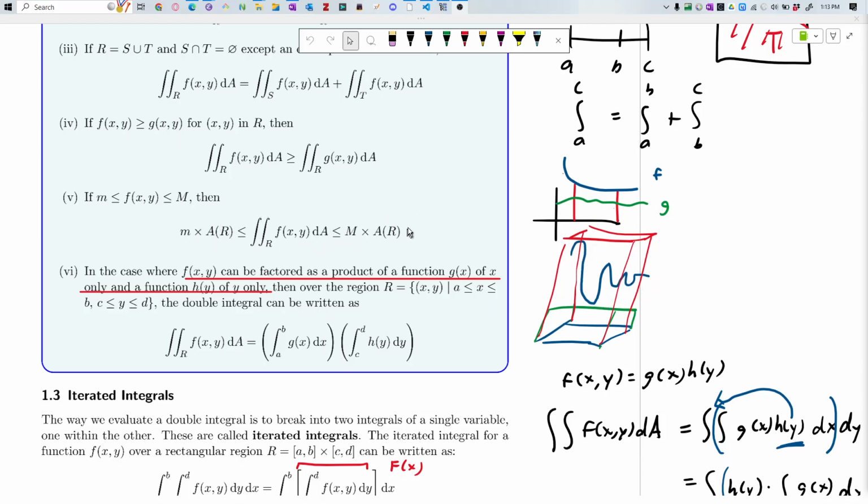That is what is represented in this set of inequalities, right? So this is the volume below the surface, and this would be the volume of the rectangular prisms. So the A is standing for the area of the region of the base that you're integrating over, and so this is the volume of the rectangular prism, matching the height with the max value of f and the min value of f.